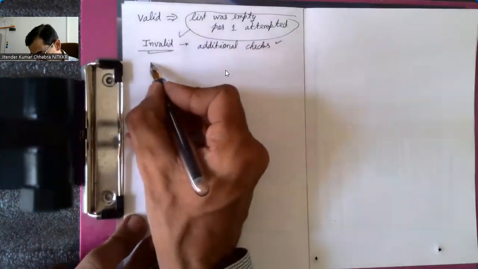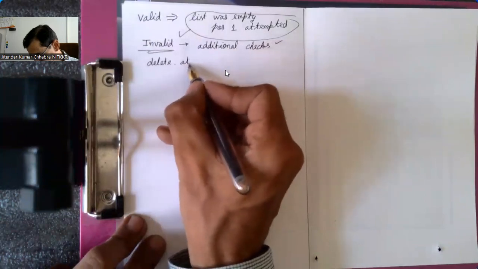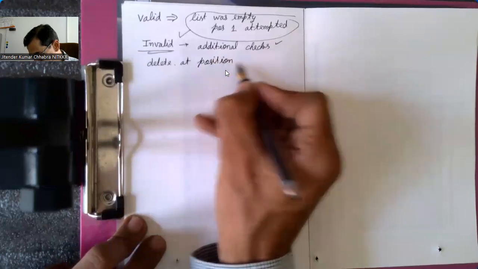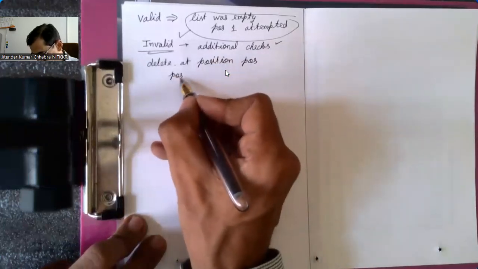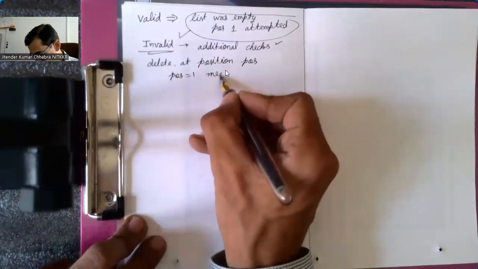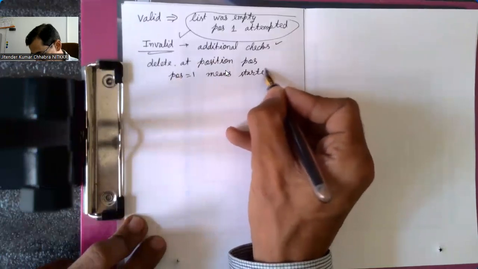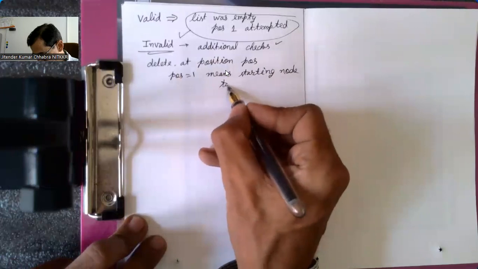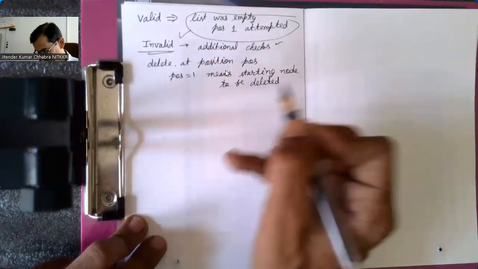Very similarly, for delete at position P. Delete at position POS will mean if POS equal to 1, the starting node is to be deleted. Of course, that should work. Otherwise, similarly, the corresponding position.